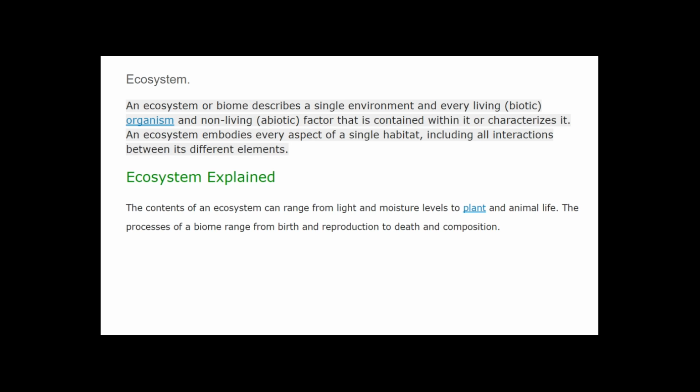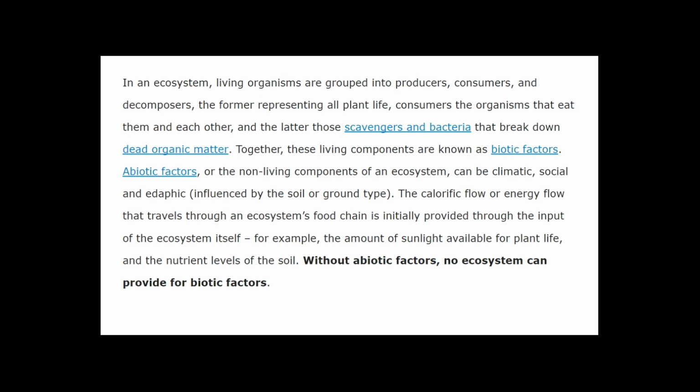We'll come to that in a minute. So the contents of an ecosystem can range from light and moisture levels to plant and animal life. And the processes of a biome range from birth and reproduction to death and decomposition. I'll deal with that in a minute.